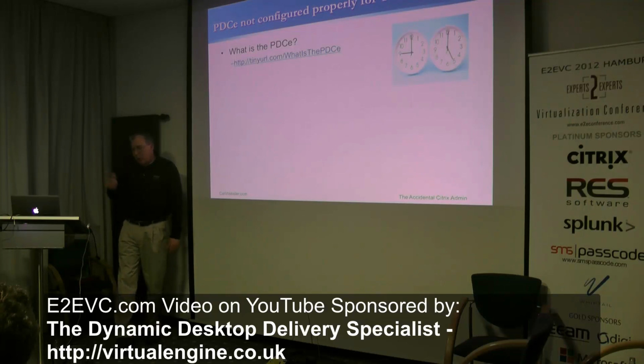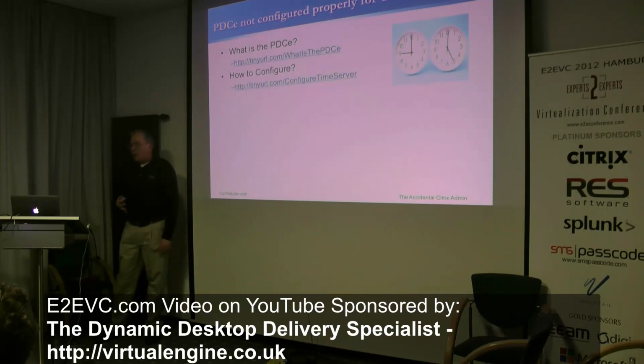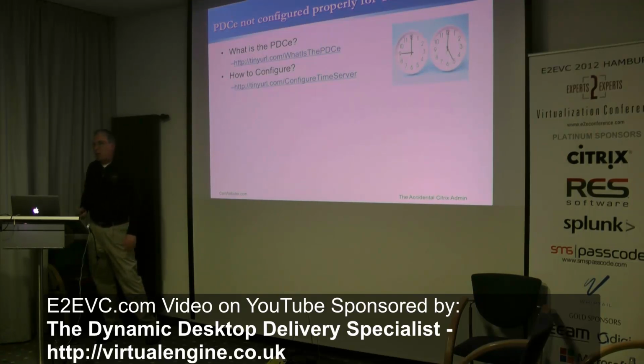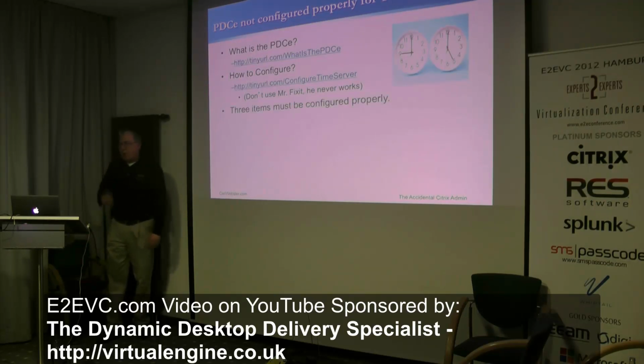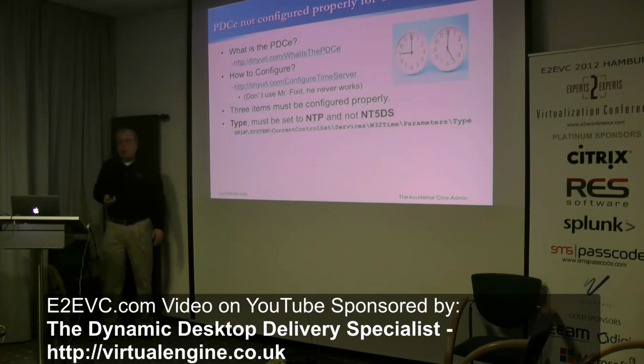And of course, the reason for this slide is the PDC emulator is also the time source for the domain. So how do we configure it? Microsoft has a very long article that explains how to do this. But you really only need 3 things. Oh, and by the way, there's a little Mr. Fix It on there. He doesn't work for any version of Windows. He has never worked. Never, ever. Don't use him. But we have 3 items that need to be configured properly. The type must be set to NTP and not NT5DS.